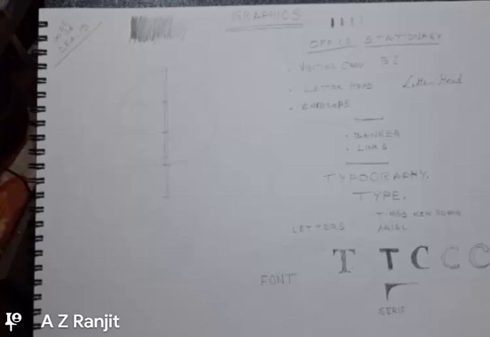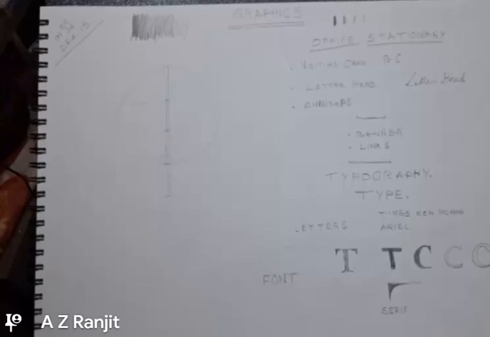All the characters, capital letters, lowercase letters, numbers, and punctuation marks, and other characters, all of them will follow a single kind of style. So that is called a font. So we understand that clearly, right? There is no confusion there. Is there any confusion there? No.